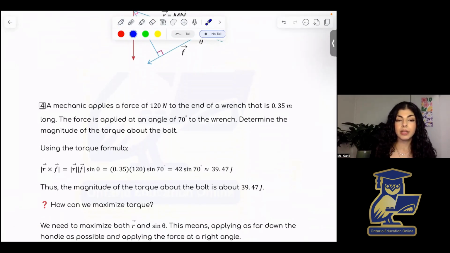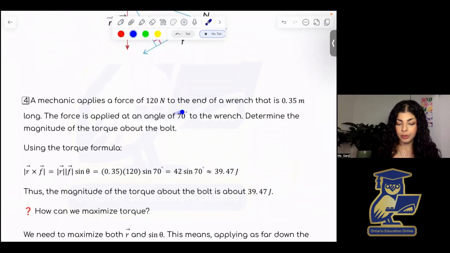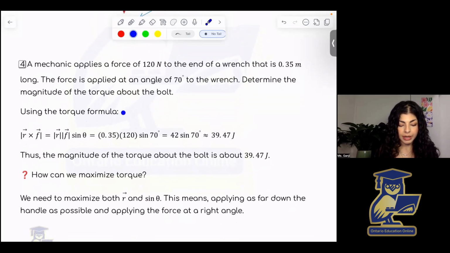A mechanic applies a force of 120 newtons to the end of a wrench that is 0.35 meters long. The force is applied at an angle of 70 degrees to the wrench, and determine the magnitude of the torque about the bolt. So using the torque formula here, we just want to know the magnitude.